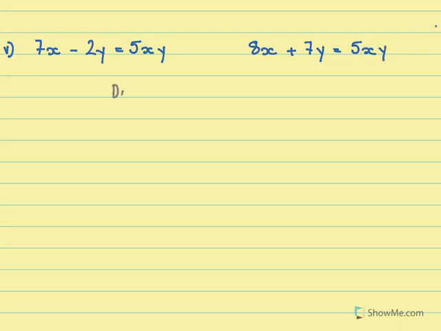For this I divide the equation by xy. I call this equation 1 and equation 2. I divide equation 1 and 2 by xy, which means here I divide by xy, here also xy.